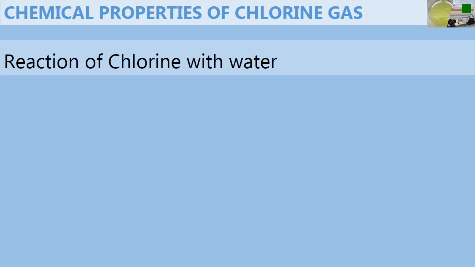We have the chemical properties of chlorine gas. The first one is the reaction of chlorine with water. When in Form 2 dealing with halogens, we covered this area.